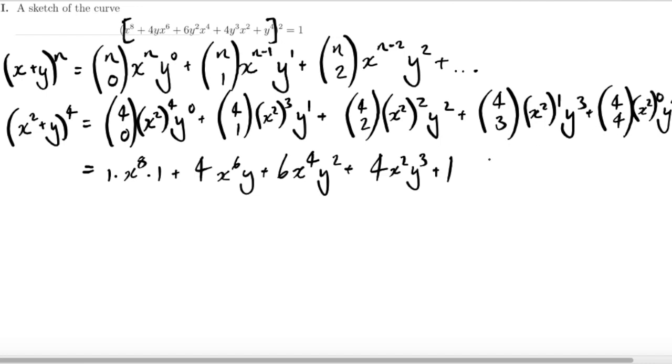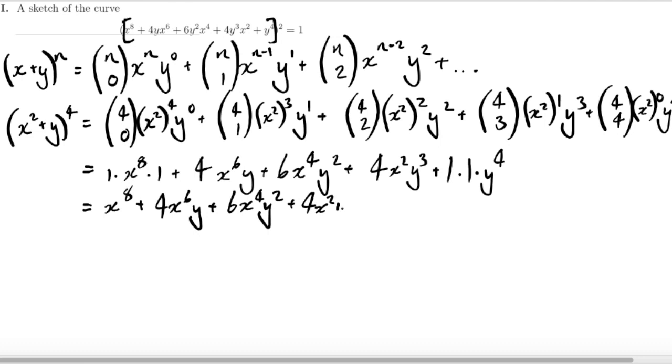Notice here that the x will vanish. Just tidying this up so it looks a bit more bearable: x to the power 8 plus 4x to the 6 y plus 6x to the 4 y squared plus 4x squared y cubed plus y to the 4.